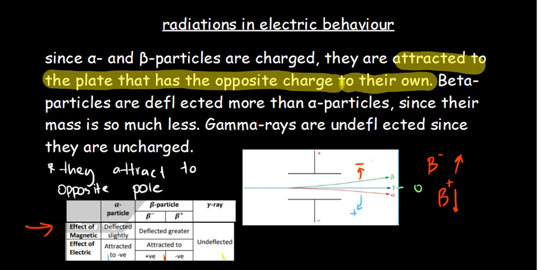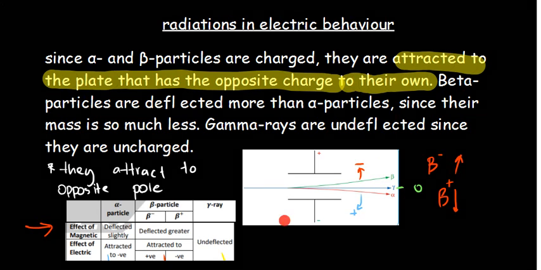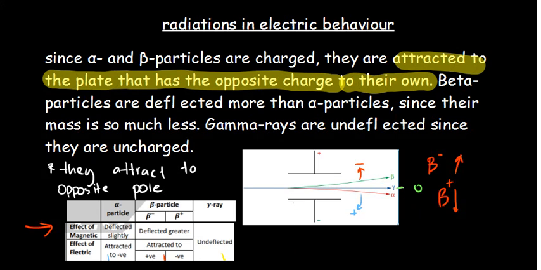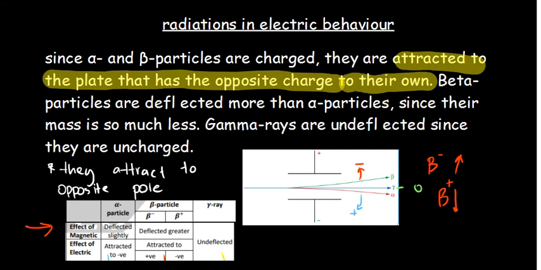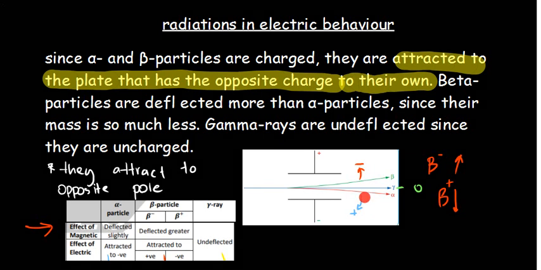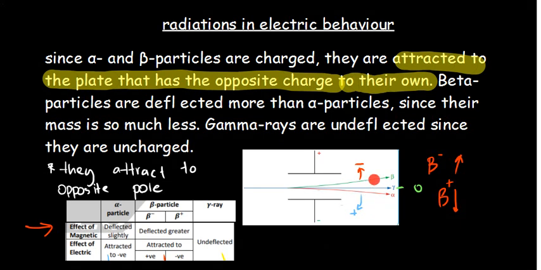Positive will connect to the negative, so the alpha particle will go down to the negative plate. I don't know if you can see here, but it says negative. So the alpha particle goes to the negative because of its positive charge. The beta particle will go to the positive charge of the metal plate.